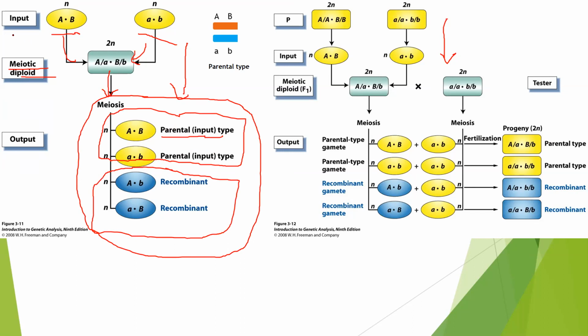So here, we say the parental genotype is the input, and those are the output. We always compare the output genotype with the input genotype to figure out how many are the parental type, and how many progeny are the recombinant. Recombinant means different from their parents, right? All right, so this is the haploid model.